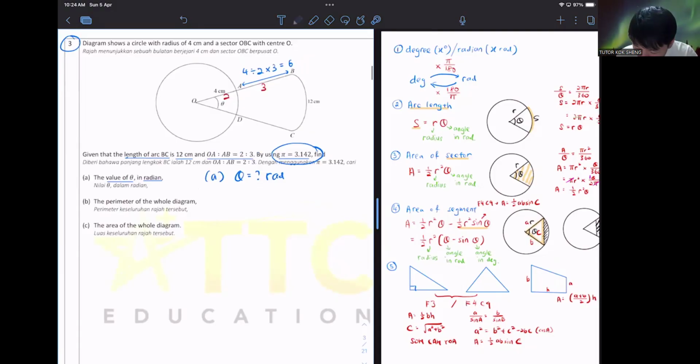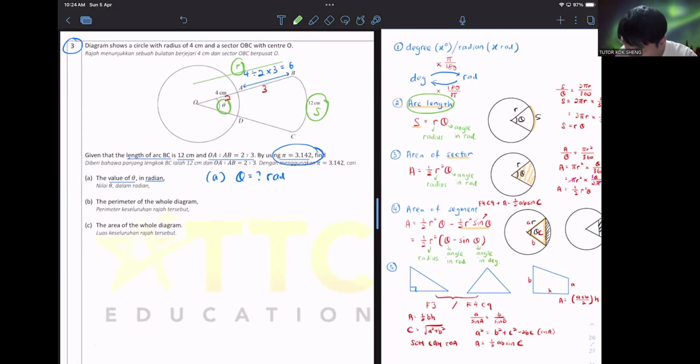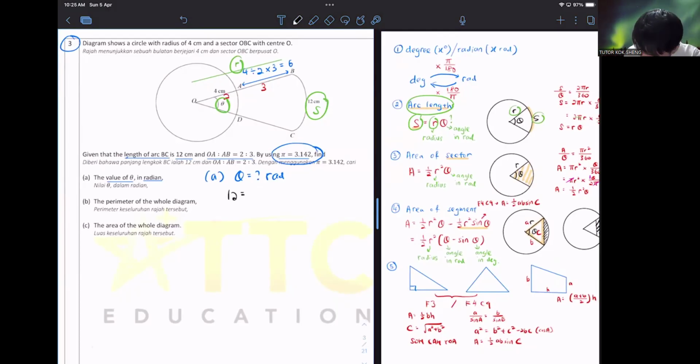From BOC here, you have the radius, 4 plus 6, which is 10. And you have the arc length, 12. So you have S, you have R, and you're finding theta, so follow the arc length formula. Sub in: 12 is S, radius is 4 plus 6, you can write 10 straight away, times theta.